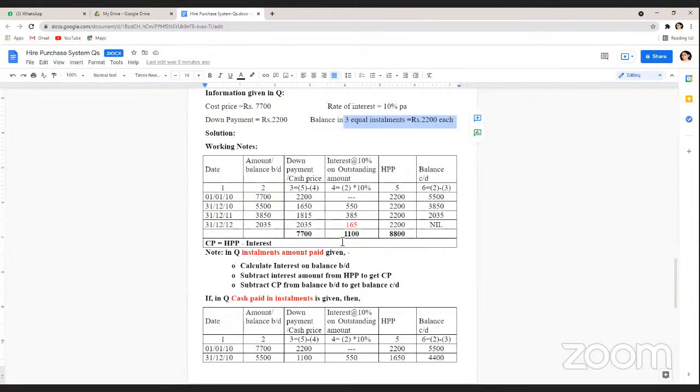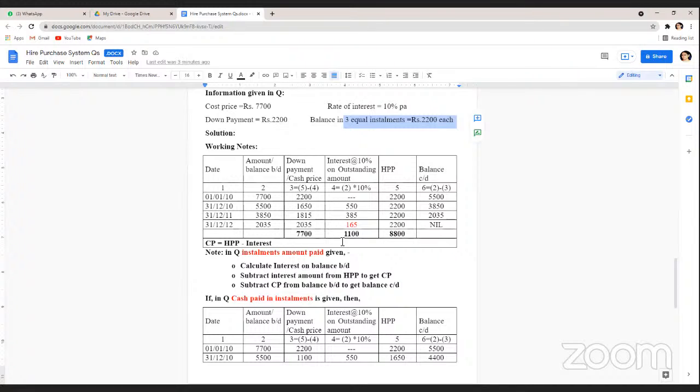So the bike cost is 70,000. You are asked to pay 20,000, which is your money, immediately. The remaining amount is 50,000, which you have taken as a loan to buy your bike. So on that loan amount you are paying interest, right?